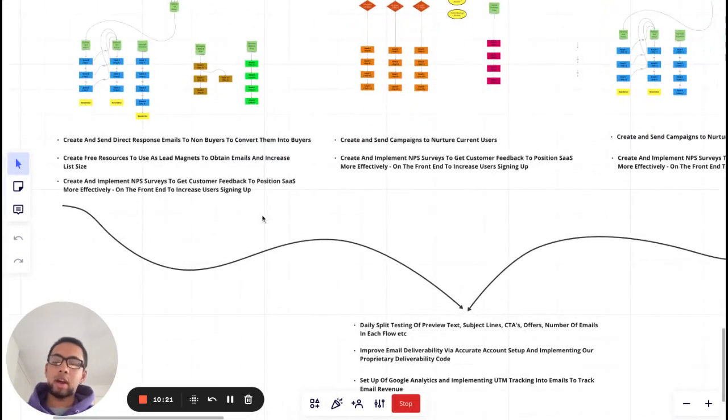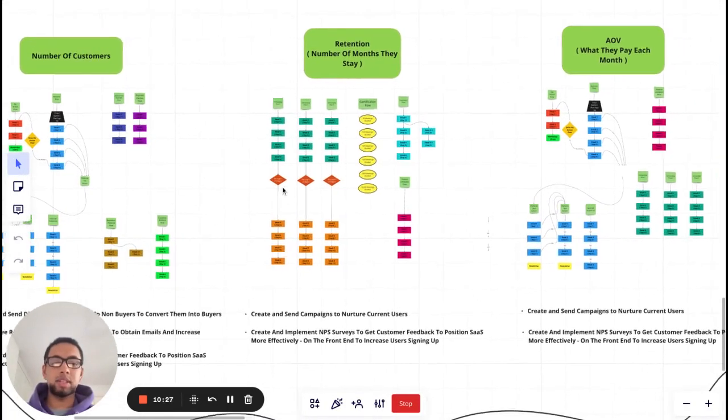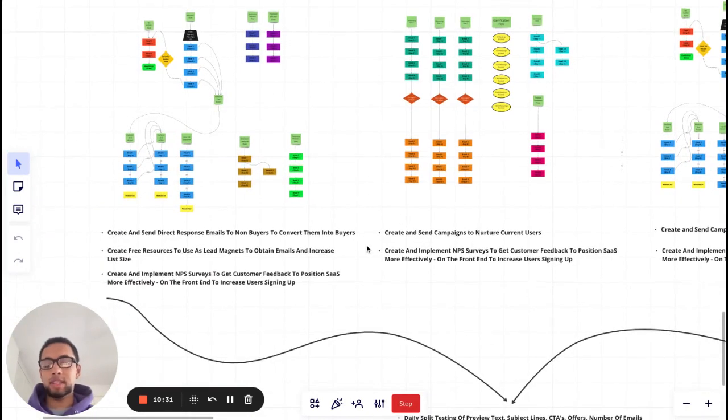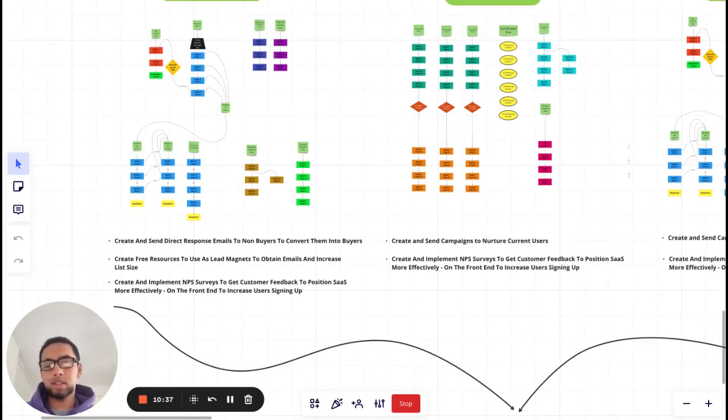And also, quickly, there are some other factors not relating to flows to increase the number of customers, the retention of these customers, and the average revenue per user. Obviously, this includes things such as campaigns. So, for increasing number of customers, we have creating and sending direct response emails to non-buyers to convert them into buyers, creating free resources to use as lead magnets, and creating and implementing NPS surveys across the customer journey.